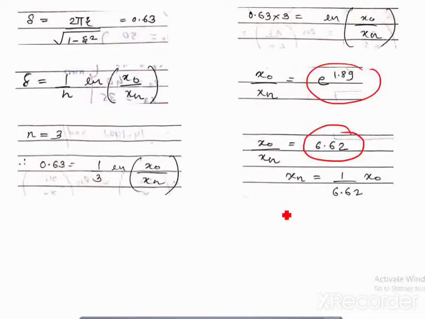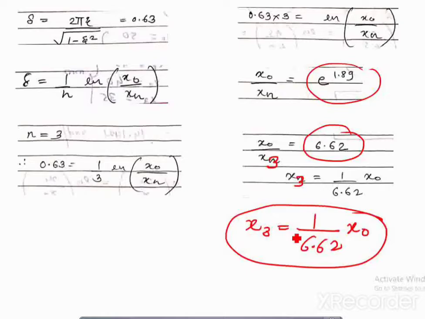Okay, so finally this xn is nothing but x3. So x3 is equal to 1 upon 6.62 into x0. What they have asked is the relation between x3 and x0.